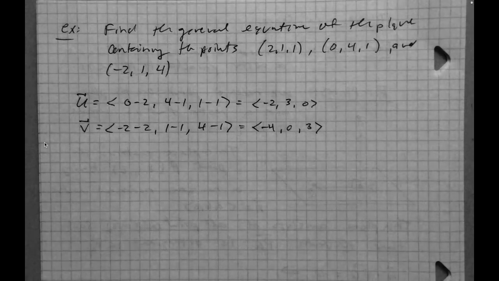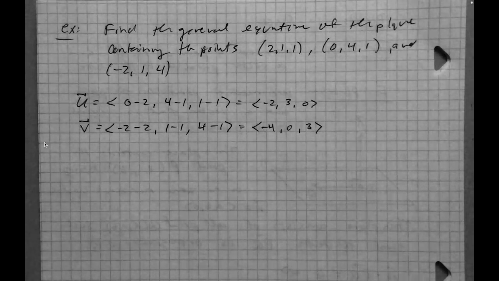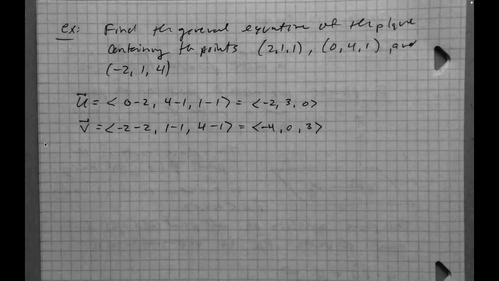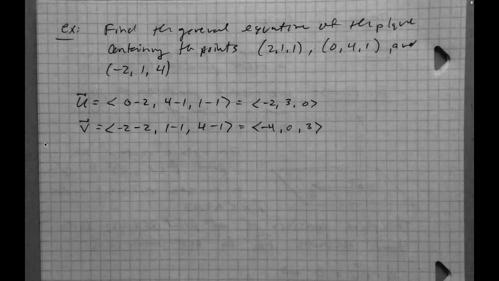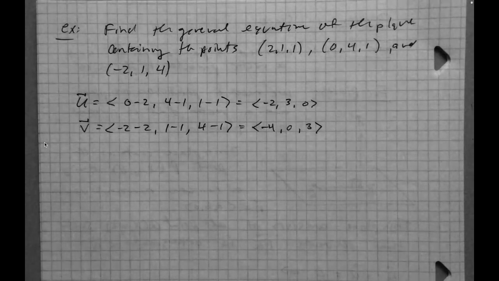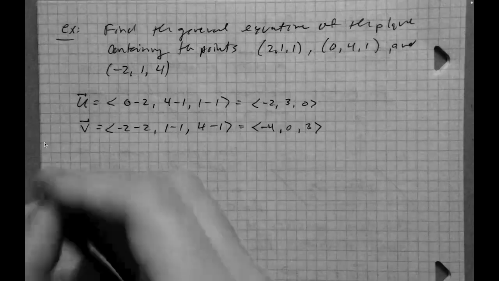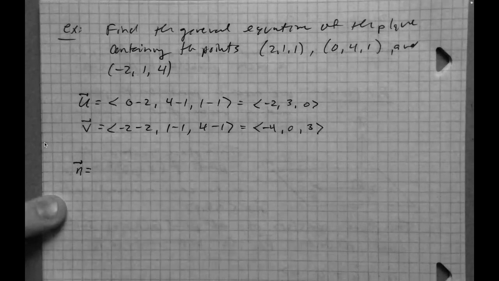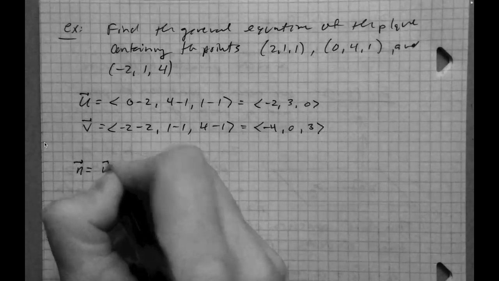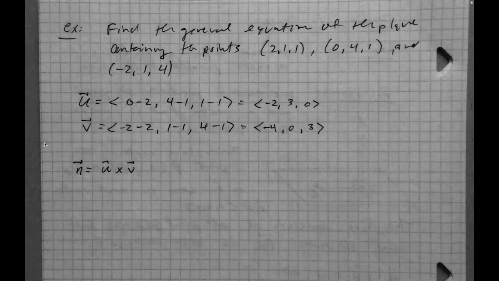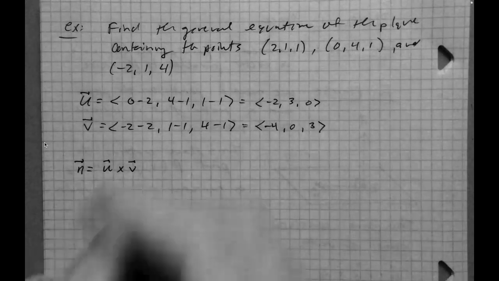How do we find a vector that's normal to the plane? Well, I've got 2 vectors in the plane, so we can use the cross product on those 2 vectors to find an orthogonal vector, i.e. a normal vector. So we say n is equal to u cross v. You could just as well do v cross u.